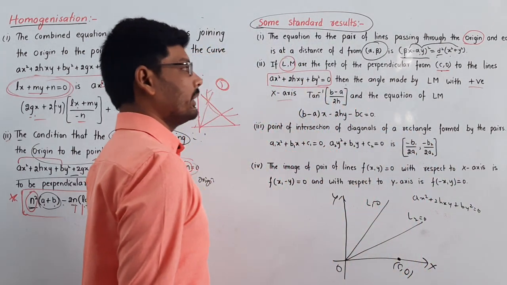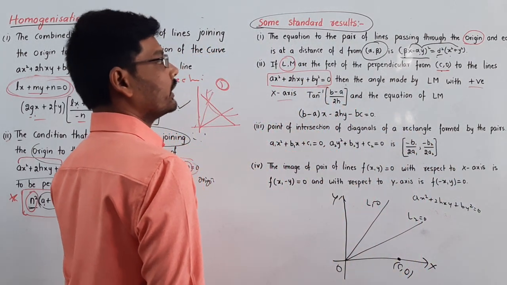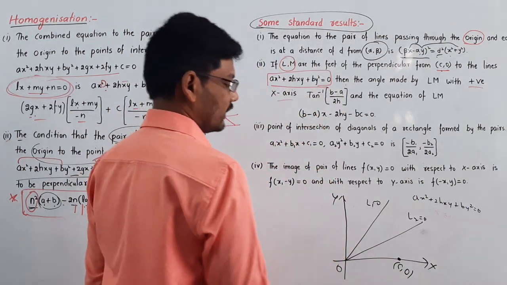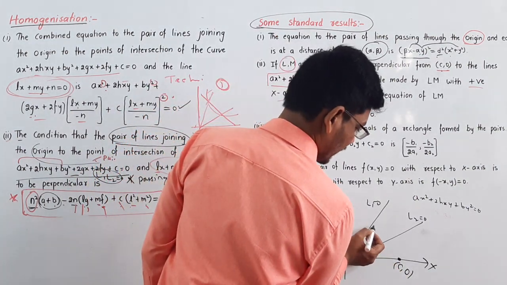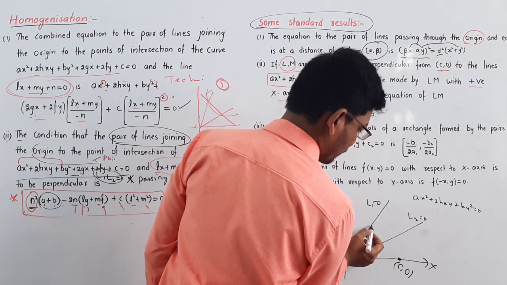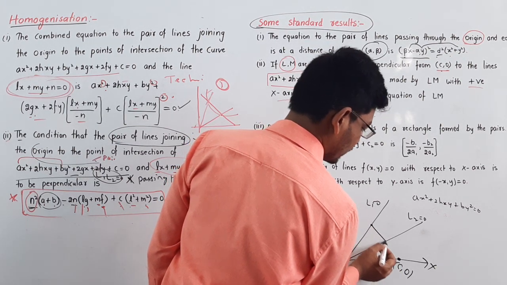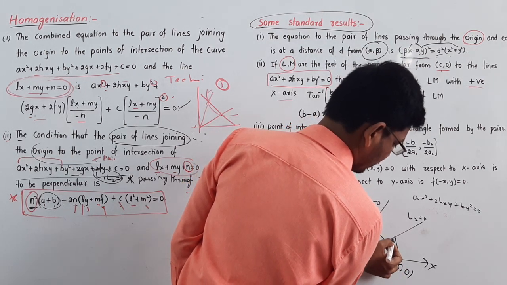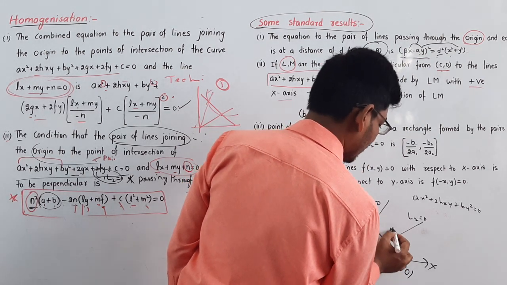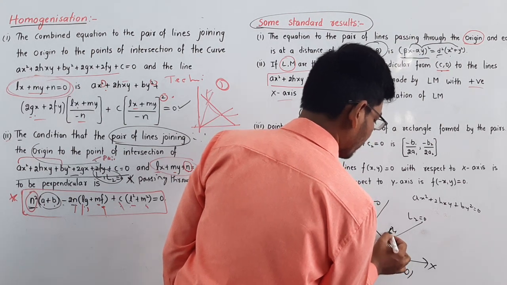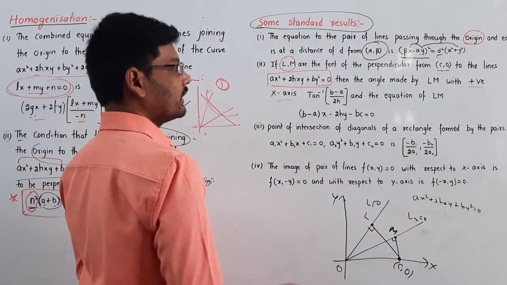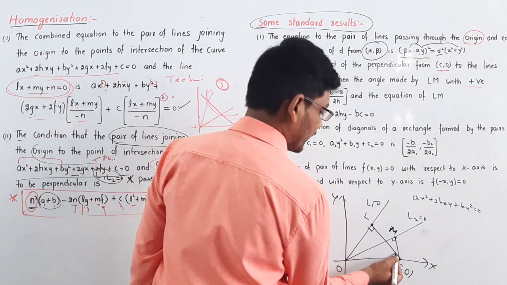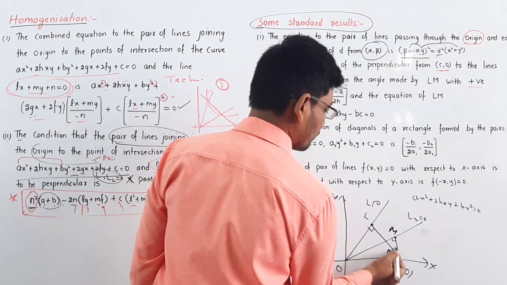Next, the angle made by L and M, the feet of the perpendiculars. Here I am taking a point, this point is the foot of the perpendicular and this one is the foot of the perpendicular. These are L and M, and they make an angle with the positive x axis.